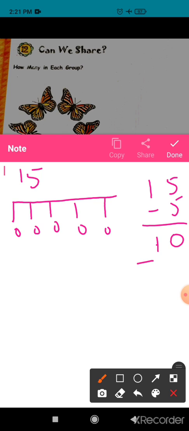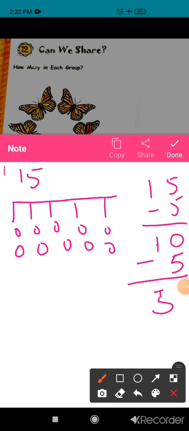Again, this time you will take out 5 chocolates from the 10 and distribute among your 5 friends. Now this time you have 5 chocolates left. Now again you will distribute one to each of your friends.